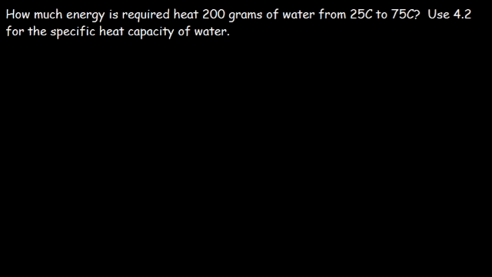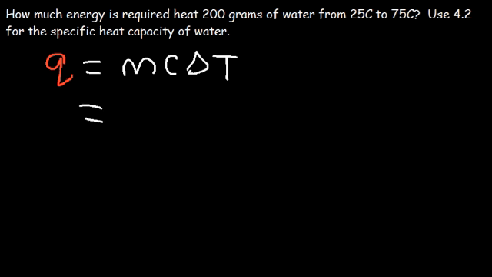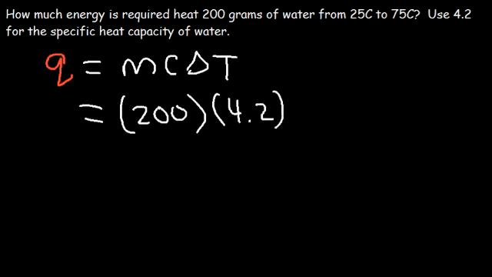So the equation that we need is Q is equal to MCΔT, which is the test you're studying for. So the mass is 200 grams. The heat capacity, which is c, that's 4.2. The temperature change, final minus initial, 75 minus 25, that's 50.